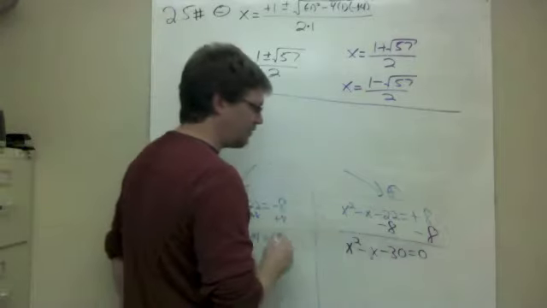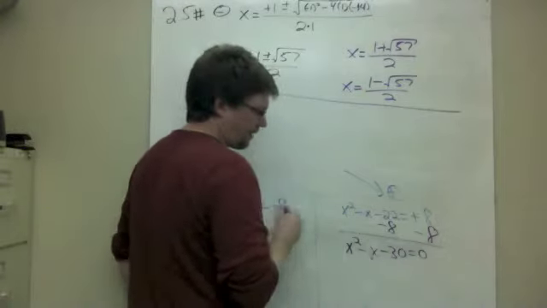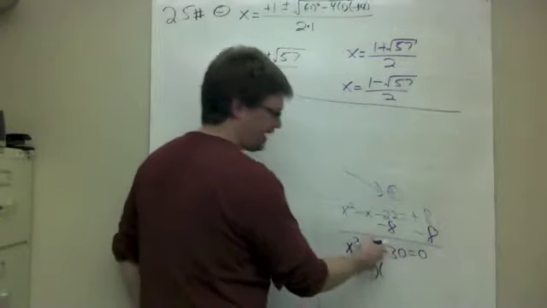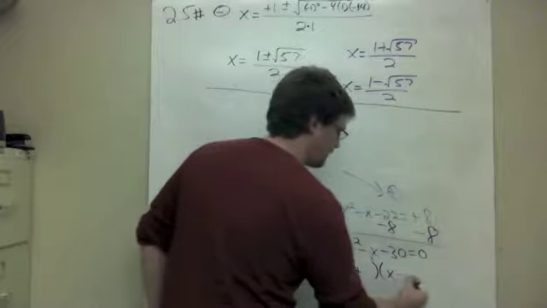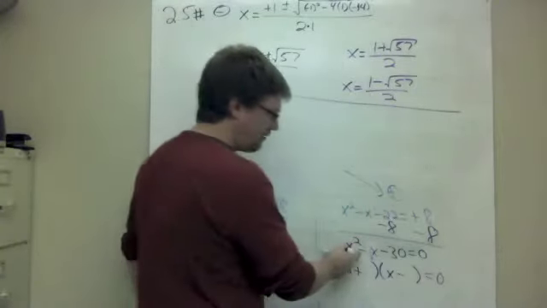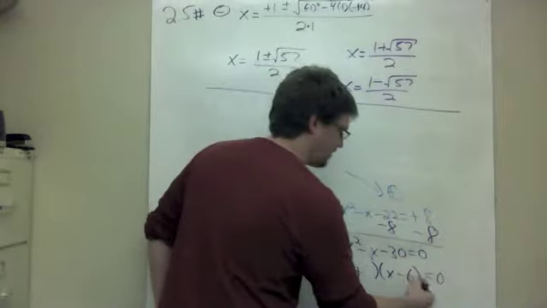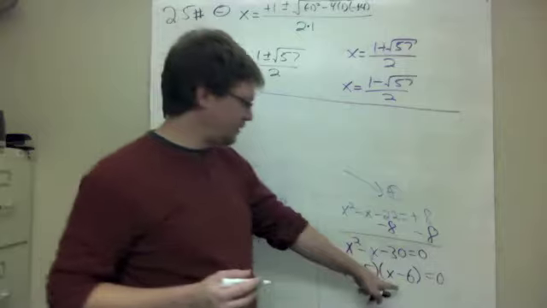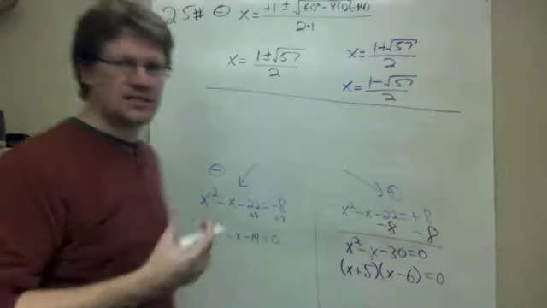So this can actually be factored. So we're going to have x plus. This minus here means that one of them is a positive, one of them is a negative. This negative here means that the larger one has to be the negative. So x plus 5 is equal to 0, or x minus 6 is equal to 0.